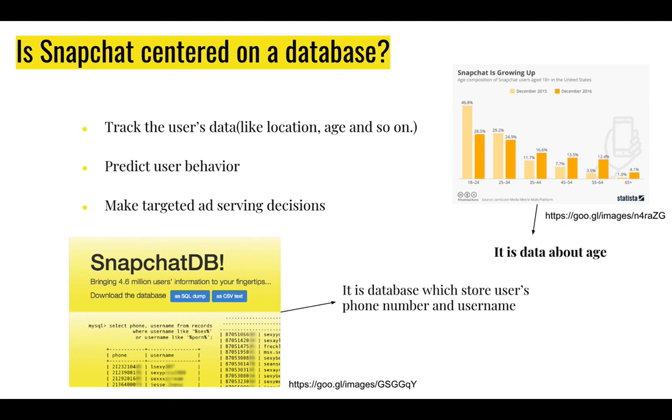The company can then better understand how users use an application. For example, Placed can help developers analyze the user's application usage time period, combine the user's movement speed, and then analyze which scene the user will use the application in, and the developer can add new features based on the interface. These things are all based on a database. That means Snapchat is centered on a database.